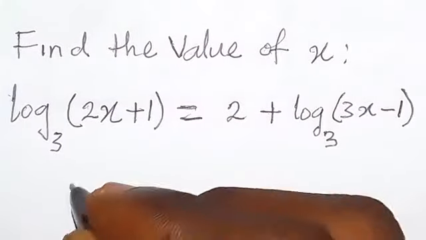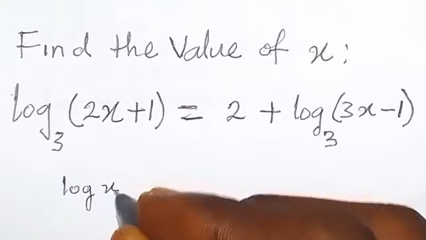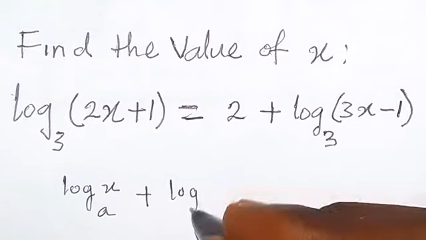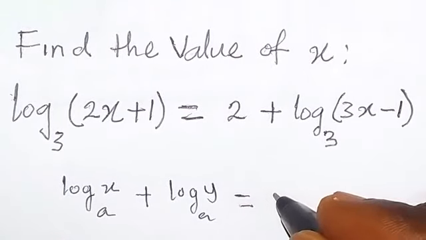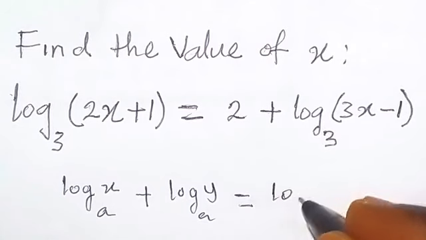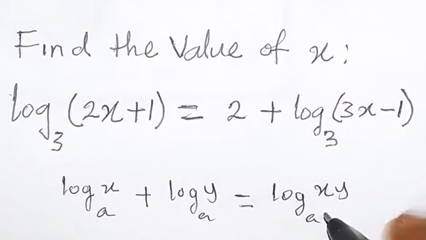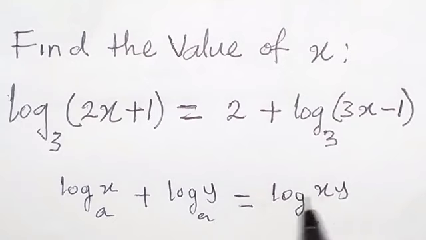We should know the law of logarithm: when we have log x to base a plus log y to base a, we can write this as just one log, that is log xy base a. So whenever we have addition of two logs in the same base, we can write it as the product of the two numbers in one base.